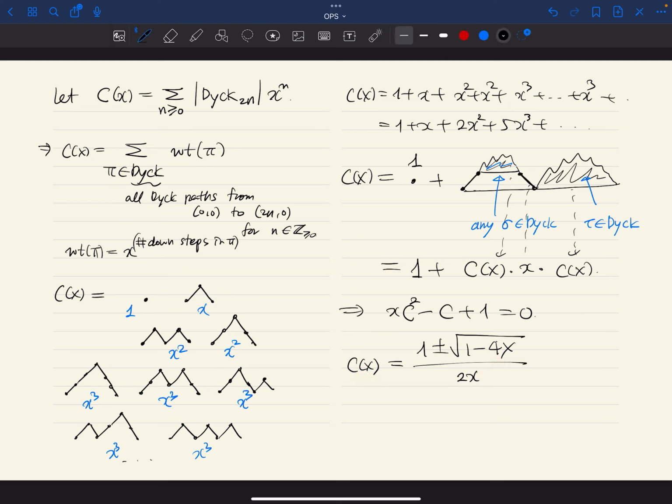So the constant term is c of 0, which is what you get if you plug in x equals 0. Then it's going to be 1 plus or minus 1 over 2x, right? But the constant term is 1.